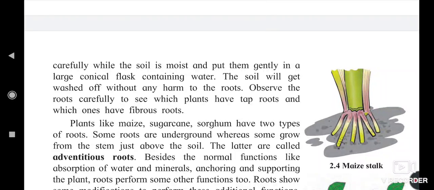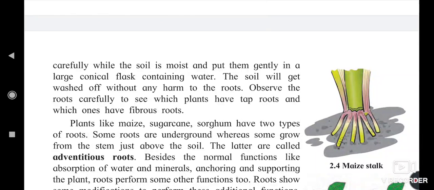The soil will wash off without any harm to the root. Observe the roots carefully to see which plants have a taproot and which have a fibrous root.